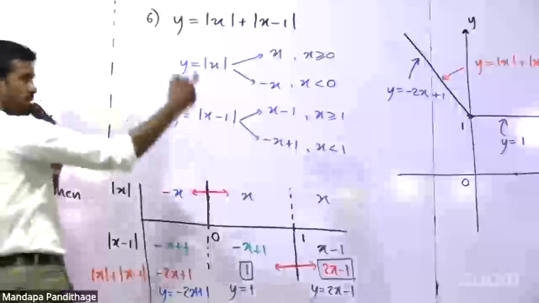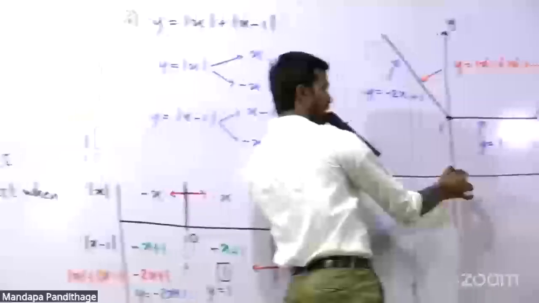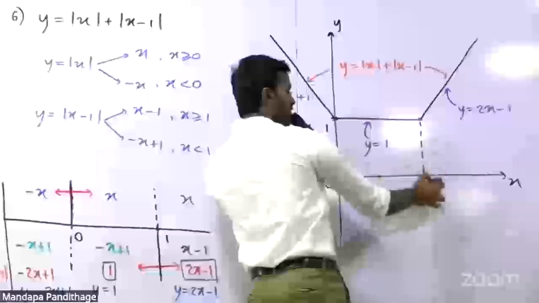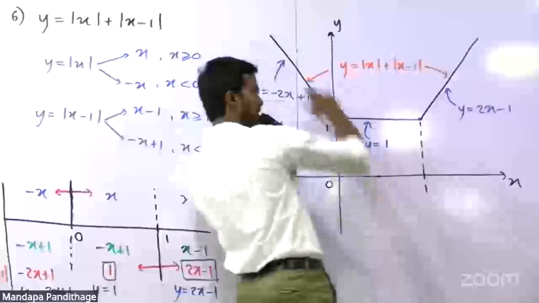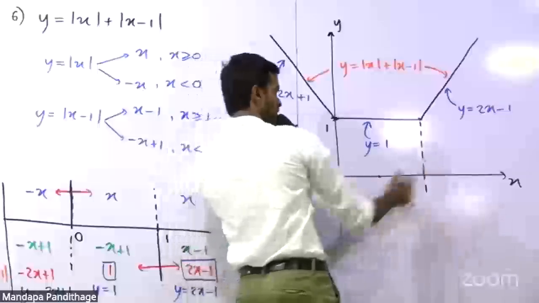And then make sure that when you are drawing these, find the value at the bordering value, the turning point. Here, get x equals 0. When I was sketching this, find the value when x equals 1. Always, when you are sketching these, get the value when x equals this and x equals this.